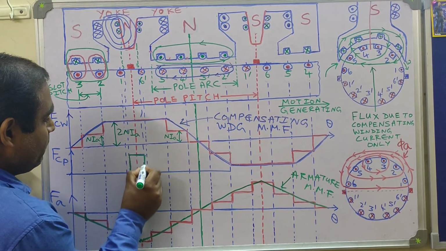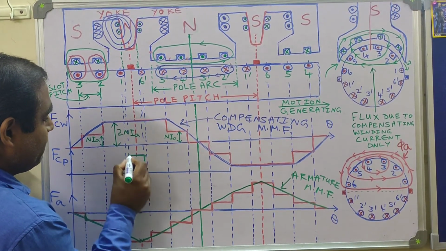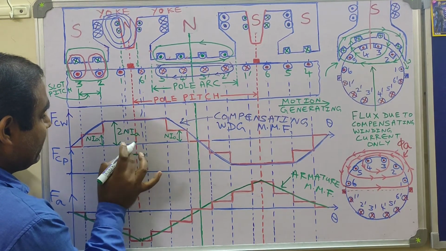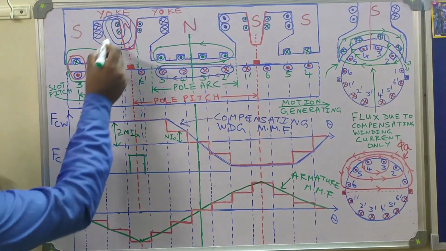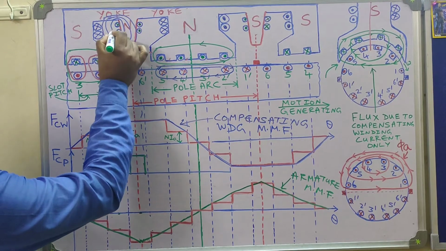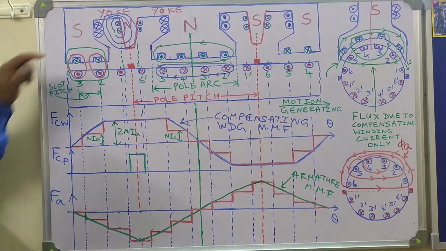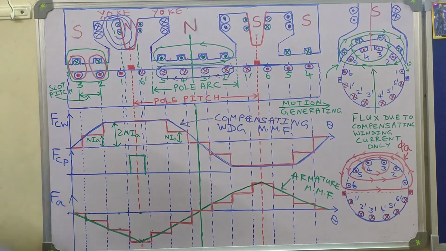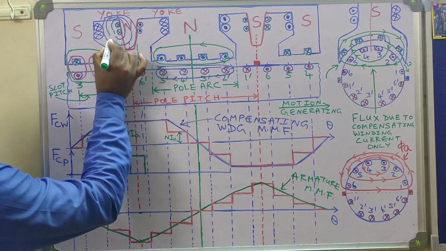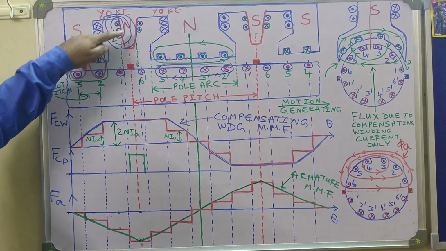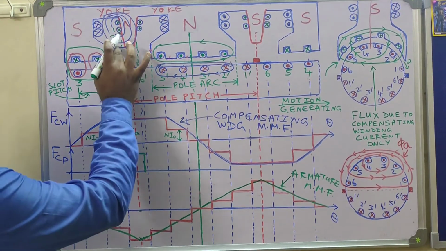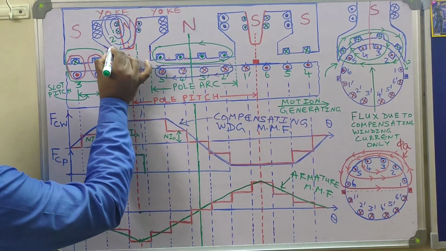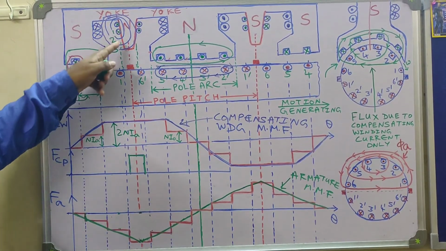In this particular example, we have assumed that cross current is positive. So if I take path number 1, what is the current enclosed? 2 cross current. If I take path number 2, what is the current enclosed? 2 cross current. If I take path number 3, same, 2 cross current.